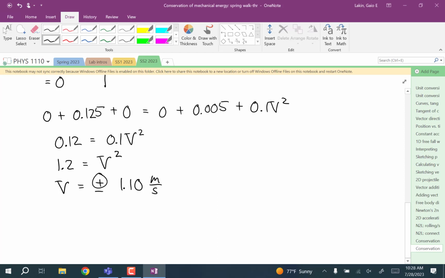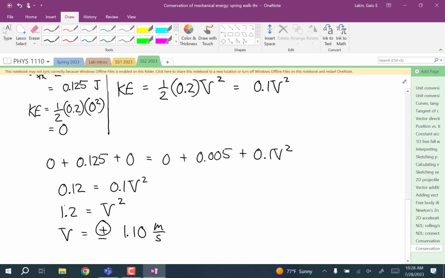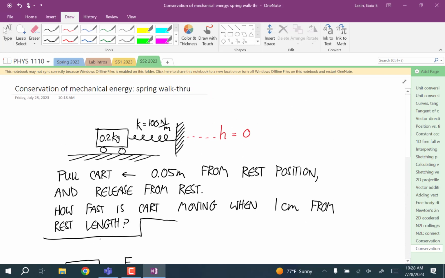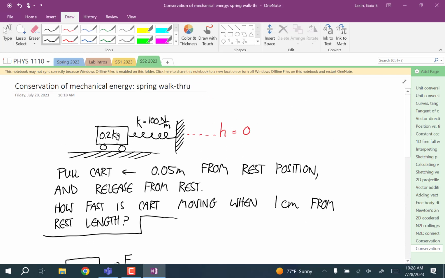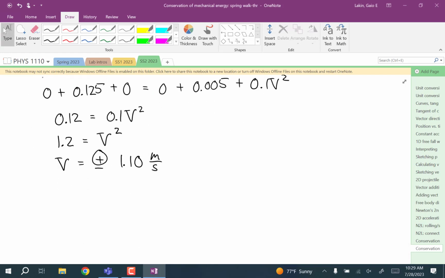This is a speed, so we want the positive one. And so this tells us when this cart is 1 centimeter removed from its resting position after you've released it, it'll be going 1.10 meters per second.